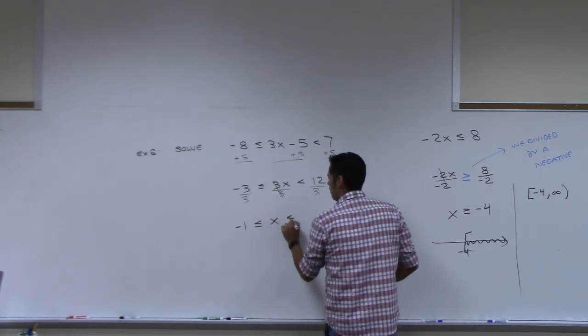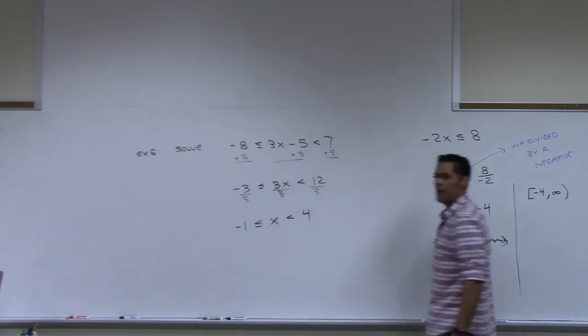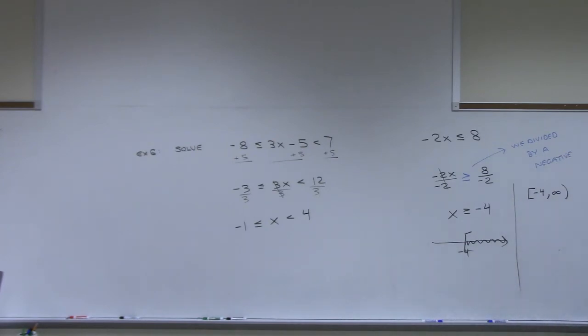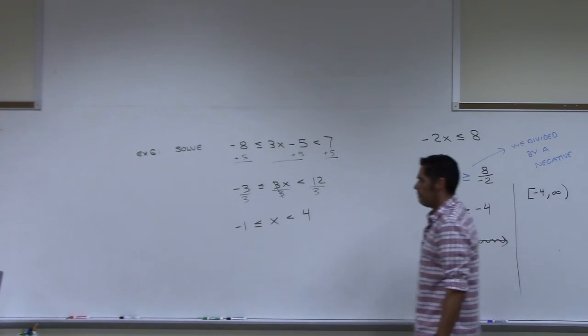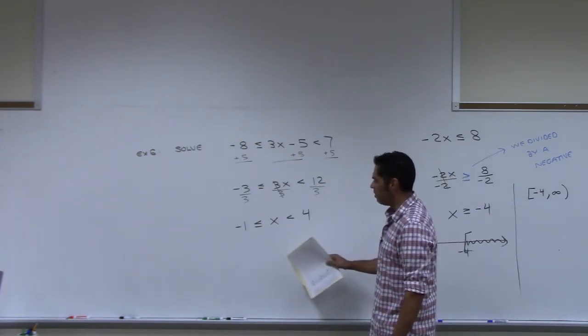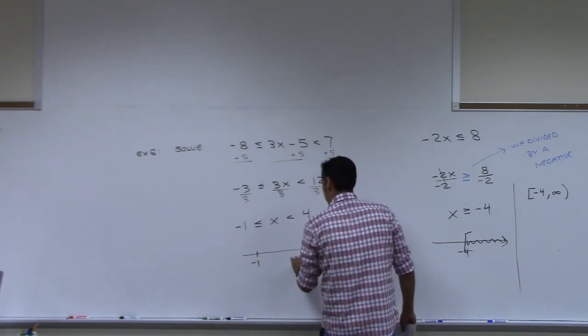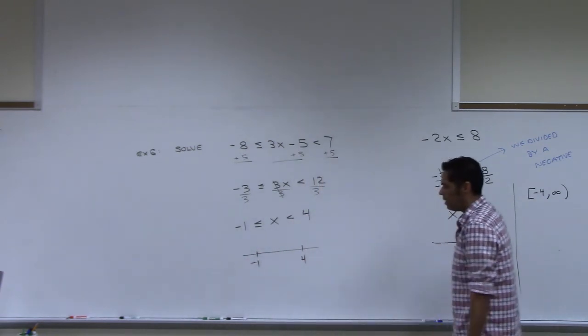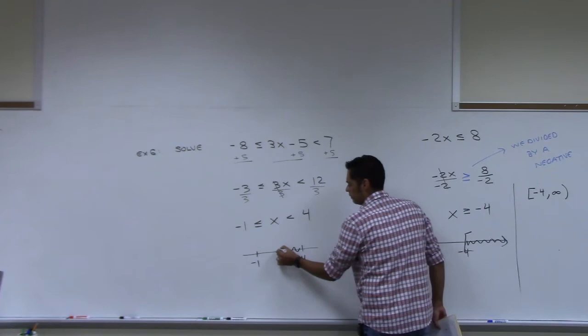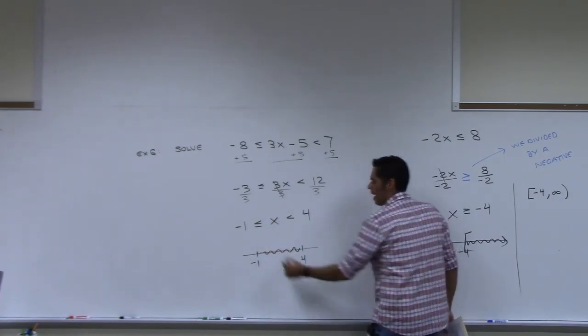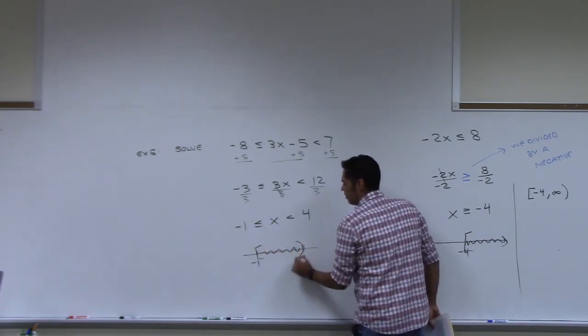And then 12 divided by 3, we've got 4. And we've got our x, right? We've got it. If we draw this on a number line, here's -1, here's 4. Everything in between. Bracket on the left, parenthesis on the right.